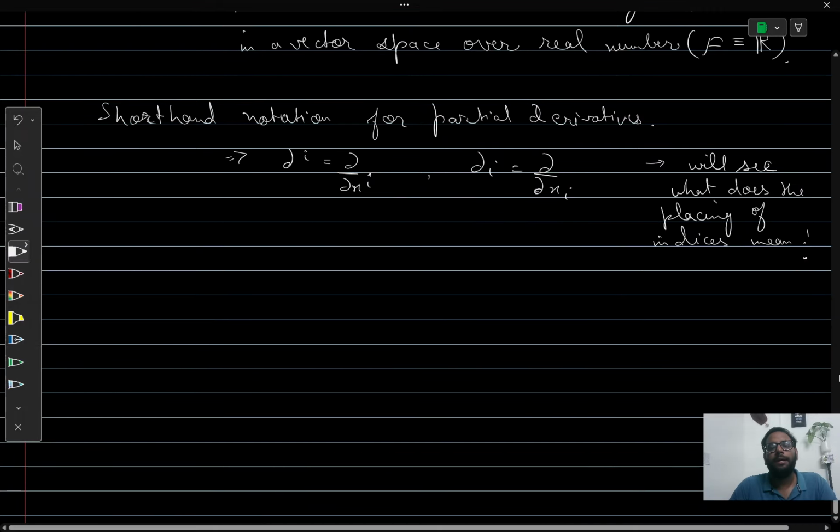You can just see they are vectors. One of them is a vector and one of them is a dual vector. We will also see what a dual vector is now.